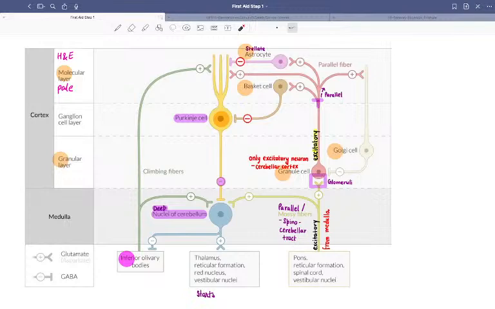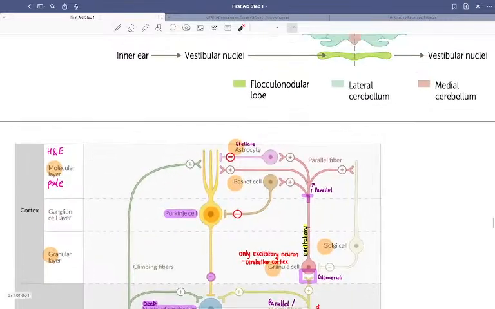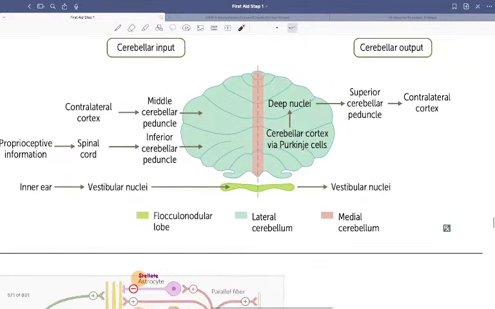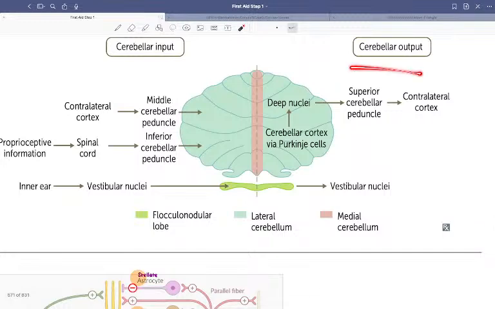So at the end of the day, the main thing is that we need an output. See how does the cerebellar output come? That is from the cortex via Purkinje cells. It goes and stimulates the deep nucleus.